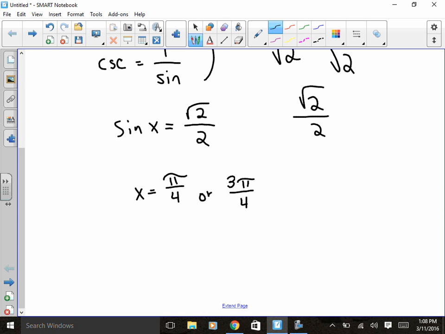Yes, that is if you were just on the unit circle, but in the case that you are adding 2 pi on, because we know 2 pi is the full degree measure of a circle, your true answer is going to be x equals pi over 4 plus 2n pi. N represents the number of complete circles you have had. Or x equals 3 pi over 4 plus 2n pi.